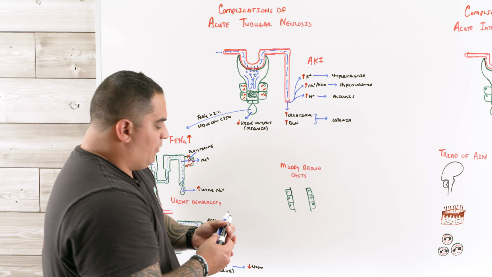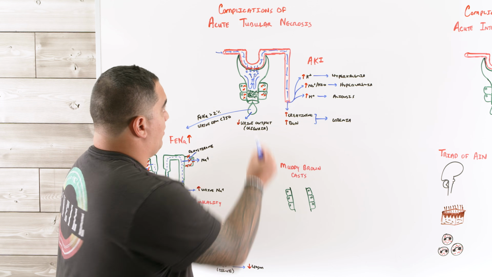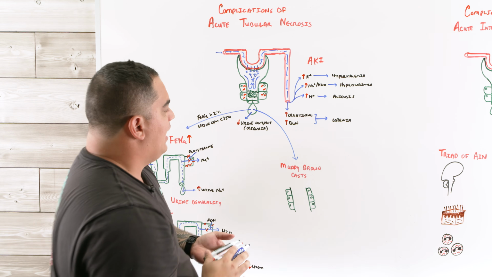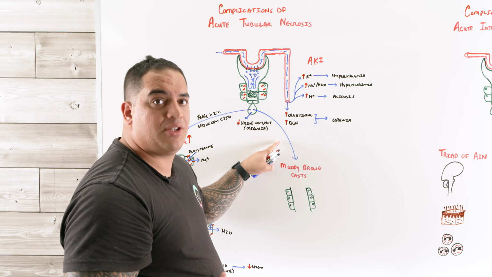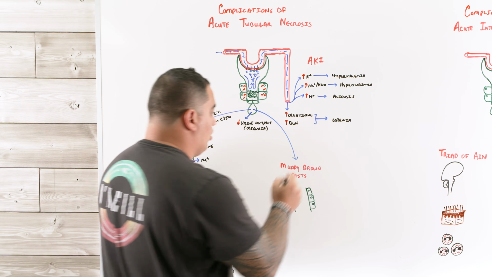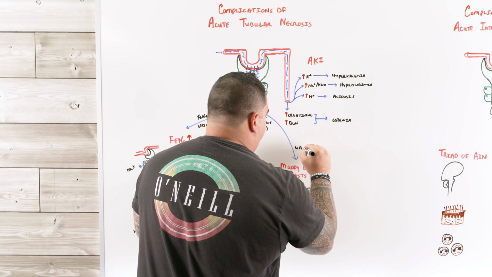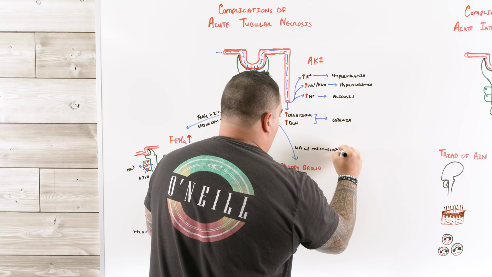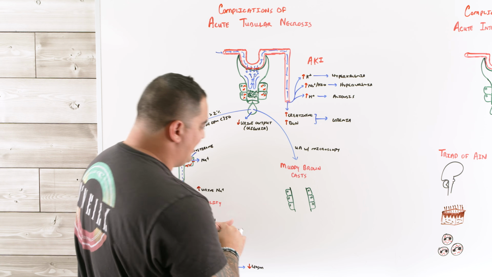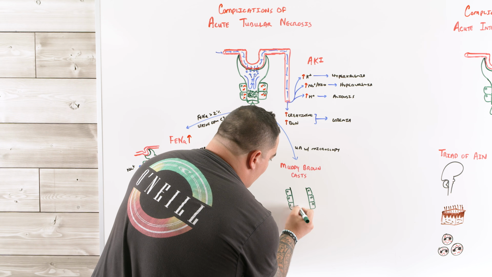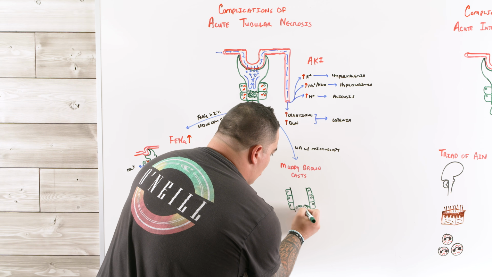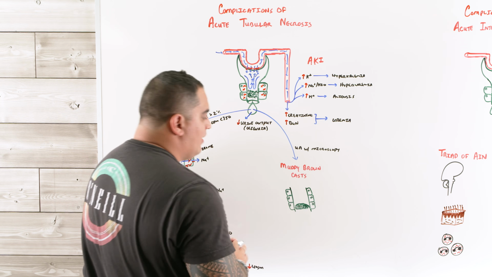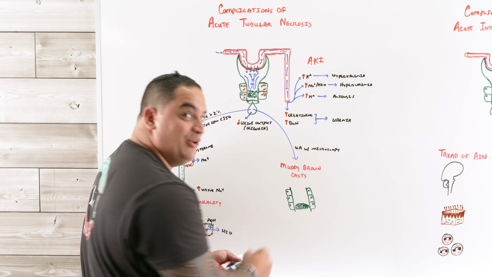The last thing, and again, we talked about this multiple times already, but really important to acute tubular necrosis is when you assess these patients' urinalysis with microscopy. So you take a look at their UA with microscopy. What we will notice is that these dead tubular cells, whenever they slough off into the lumen, take on the shape of the lumen.